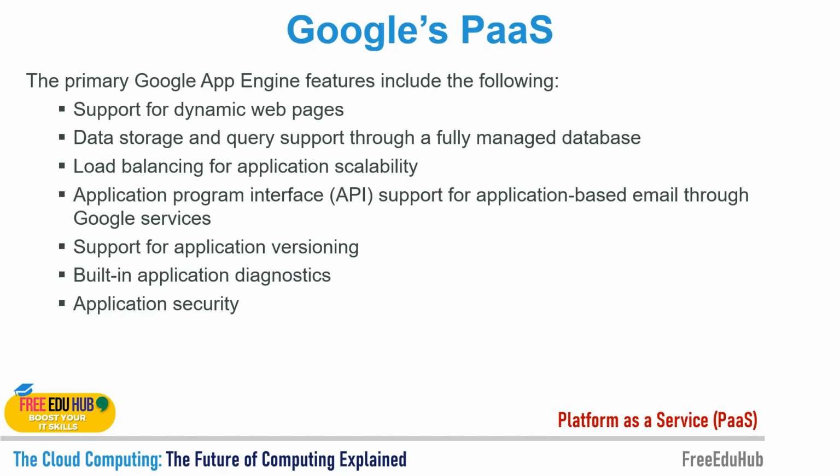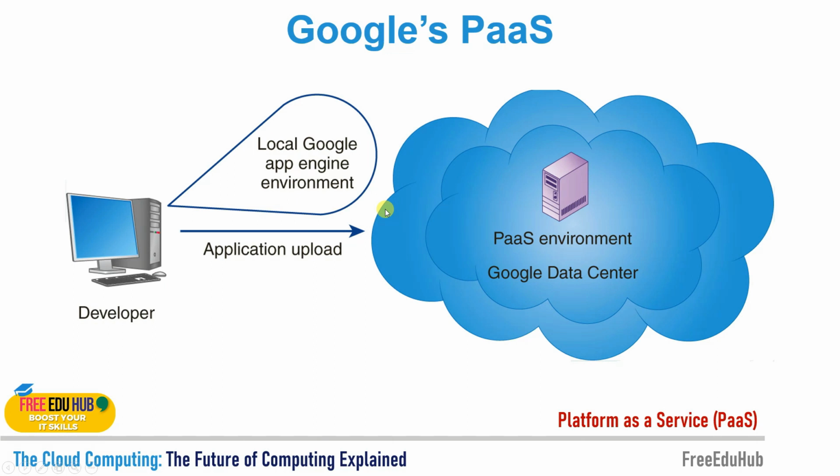And then application security is a built-in platform feature, where the applications built using their tools would be secure enough against any kind of web-based attacks. Now, as you can see, a developer is developing an application using his computer. He can upload it to the local Google App Engine environment. It would go to the PaaS environment of the Google data centers, and it would be accessible from there globally.